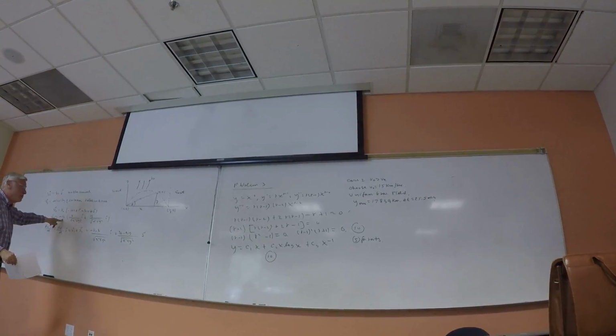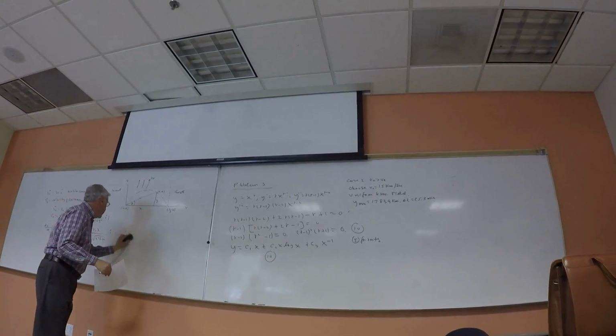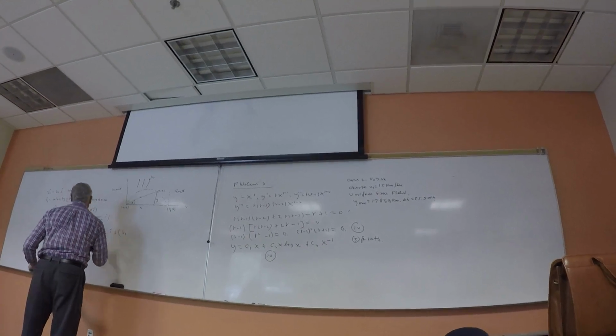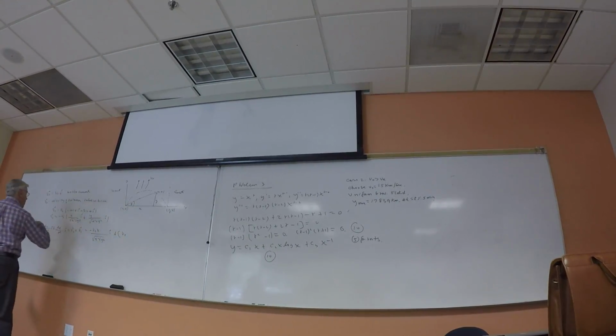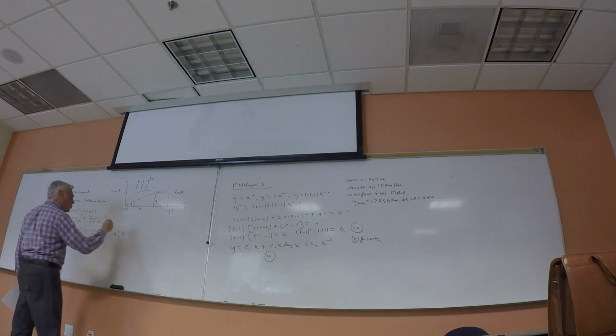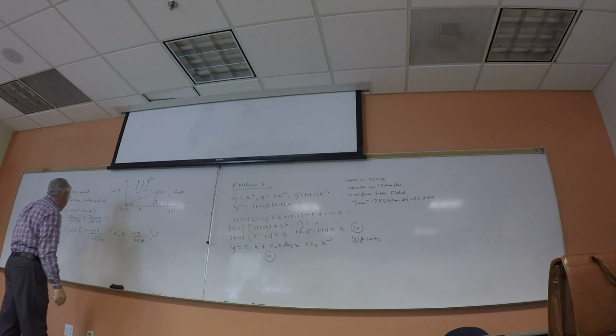Then along J, I got VR along J. Yeah, there's a mistake. That's not right. Right? I got the velocity of the river along J. And from here, along J, I pick up a minus Vsy over the square root. Check. Okay?